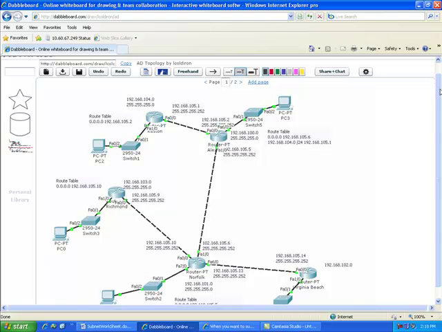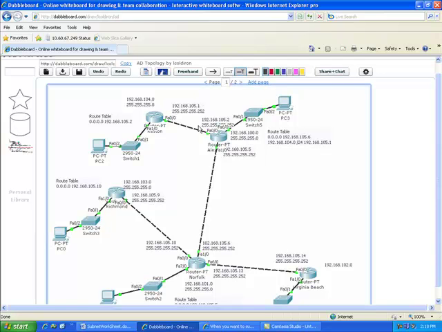One might say, why do I want to subnet? Well, in this particular scenario, you'll see that we have 1, 2, 3, 4, 5 routers. To connect one router to the other actually requires only 2 IP addresses, and in this one we're set up with that.